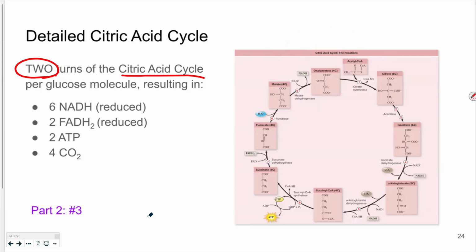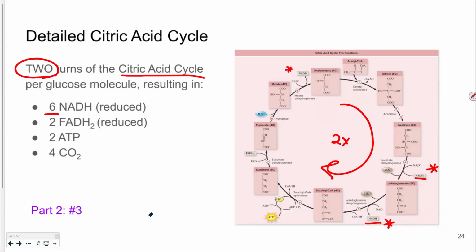So let's talk about our high energy molecules first. We have our reduced carrier NADH. We've got 3 NADHs because we're doing this twice, that gives us 6 electron carriers of NADH.